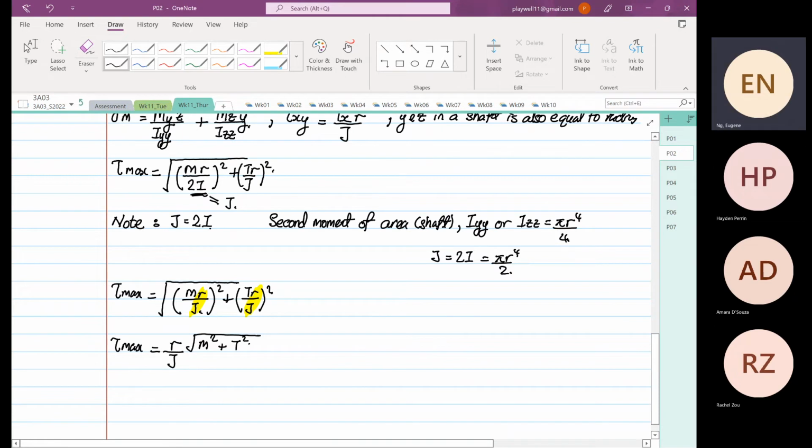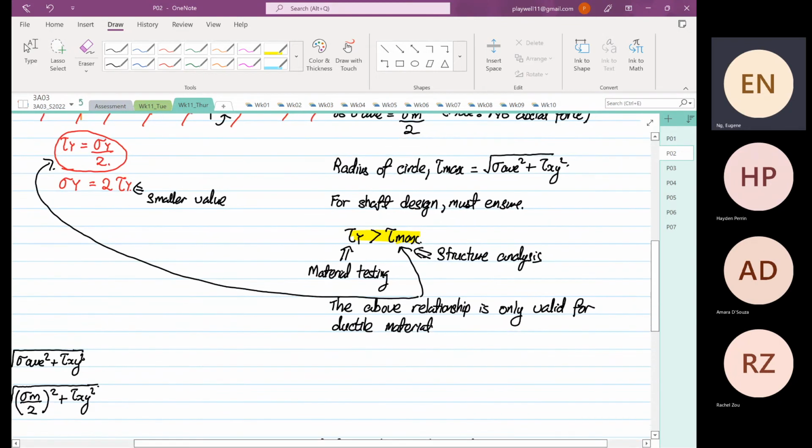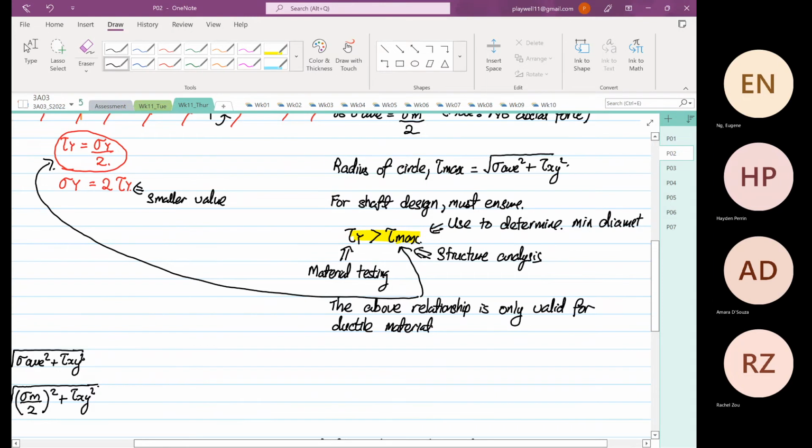So we're going to focus on determining the radius of the shaft. Okay, so in general, a relationship like this, that I've highlighted, is used to determine the minimum diameter of the shaft.